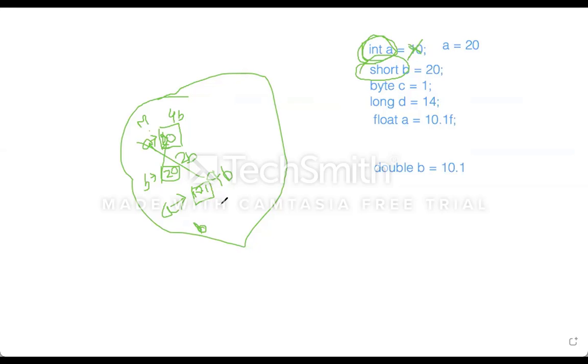Now your B. As soon as you are declaring B, what will happen? A block of memory would be created and it will be assigned 8 bytes. And you are again storing the number 10.1.